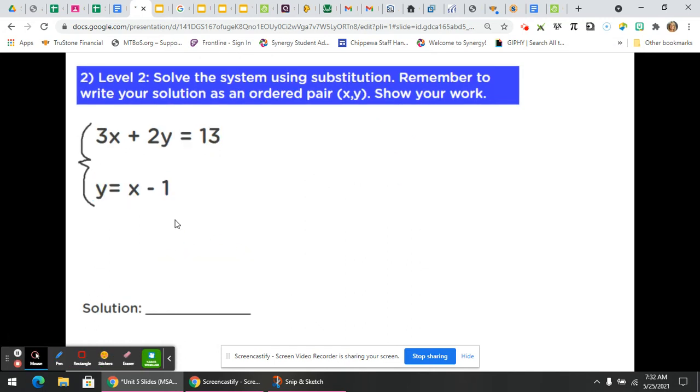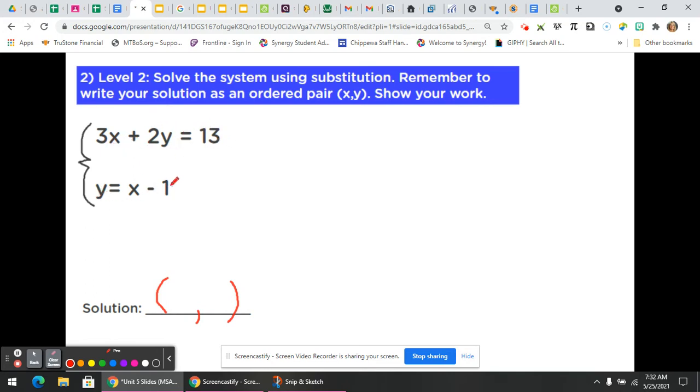All right, question 2 is worth 2 points. So this is a level 2. Again, we're looking for the location in which these 2 equations meet. We're looking for their system, their solution. This top equation is in standard form. I have my x and my y together equals 13.